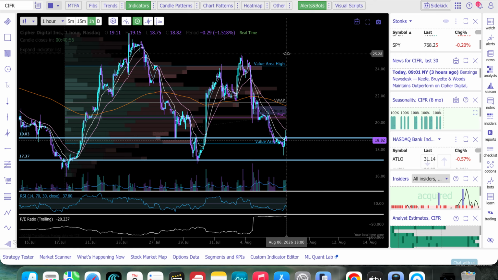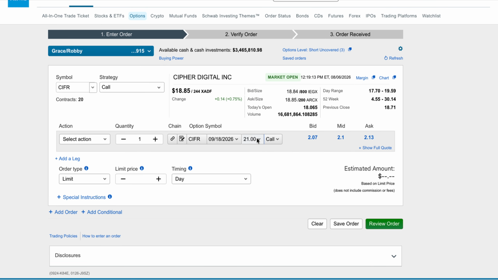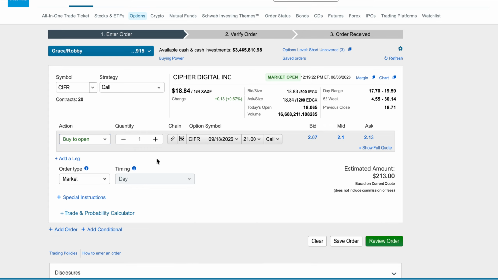So as the likelihood of that gets smaller, people are willing to pay less and less for it because it's a bigger gamble. So what you want to do is be realistic about your targets, pick something that's conservative, and then from there you can choose your strike. So once you choose your strike, I typically just do a market price, and then make sure you buy to open instead of close, and yeah, you go from there.